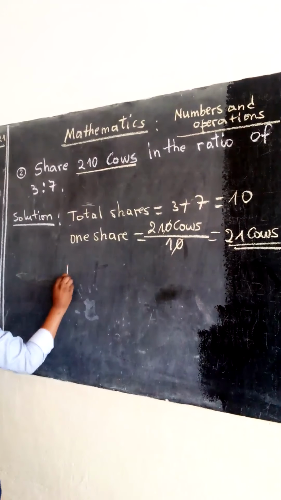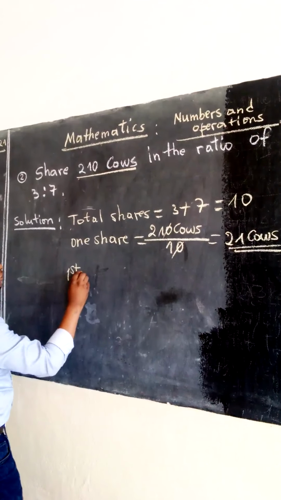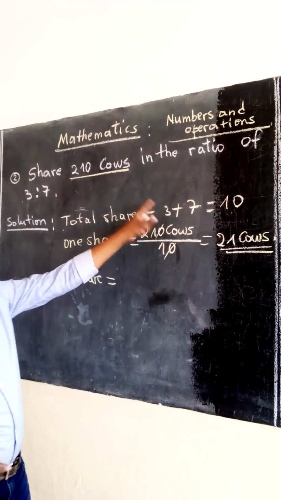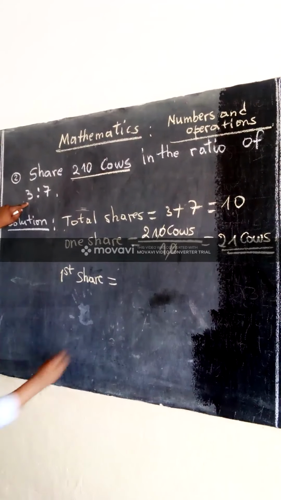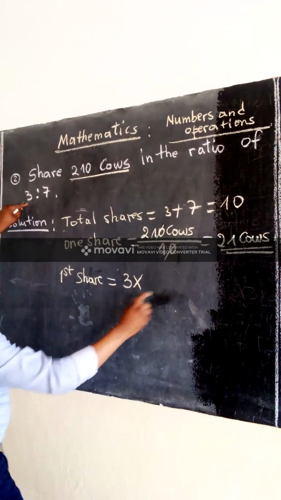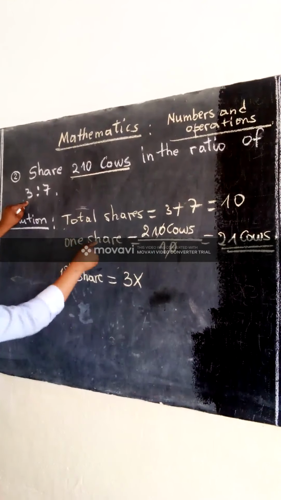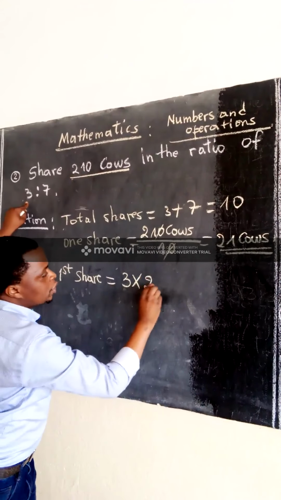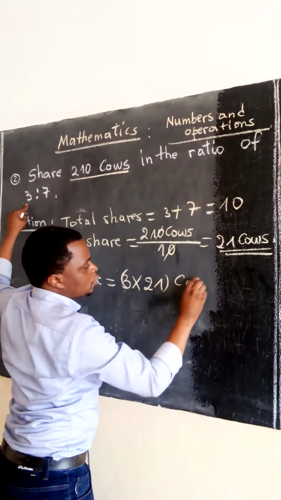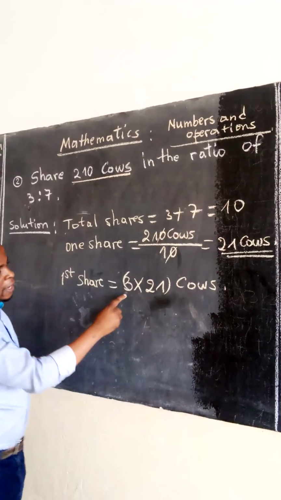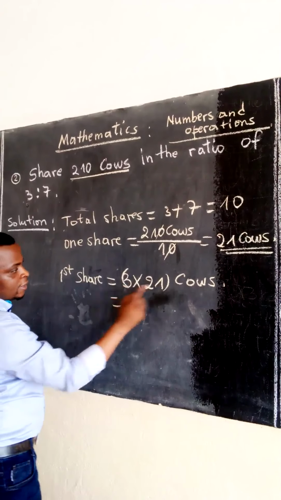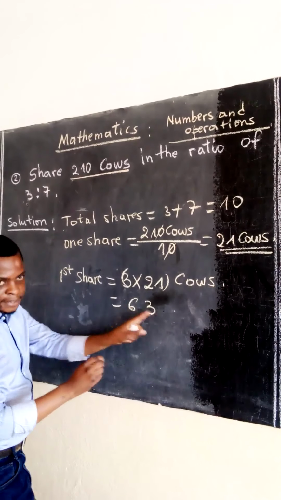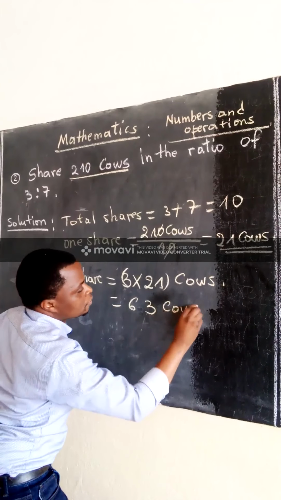Now, first share. You know that for first share we have 3 shares. The number of shares is increasing. 1 share for 3 shares, take 3 times 1 share times 21 cows. Whereby you have 3 times 1 equal to 3, 3 times 2 equals to 6, 63 cows.